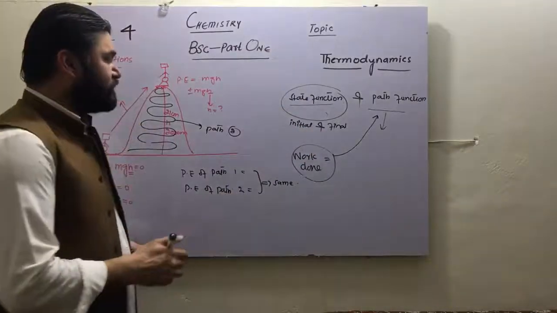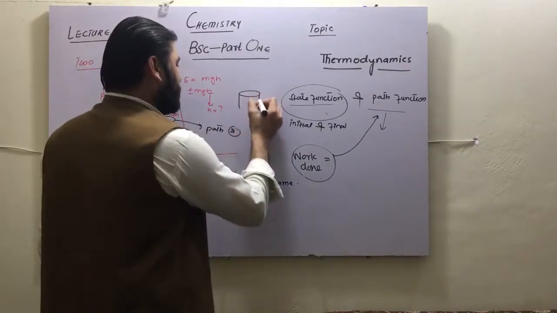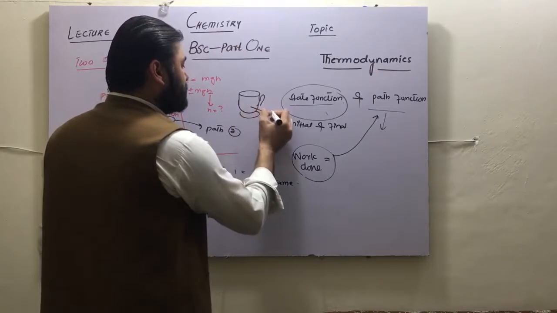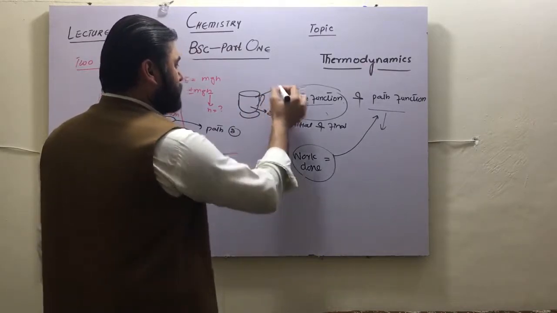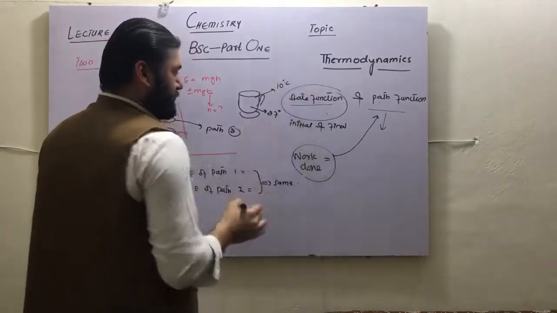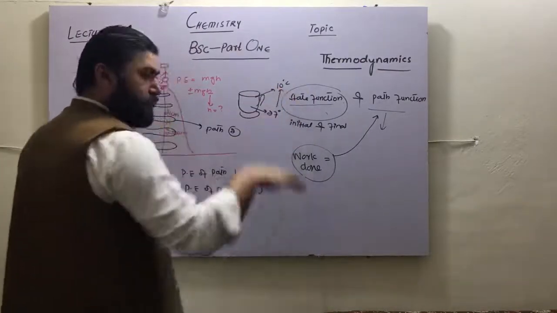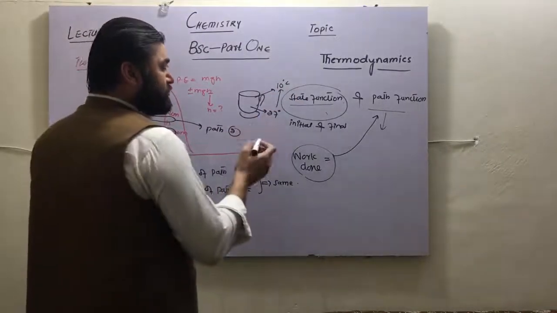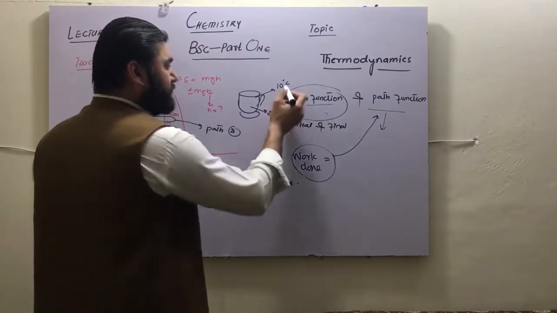For example, suppose this is a cup of tea. Again I am making this cup of tea. Suppose the initial temperature is 27 and after some time the final temperature is 10 centigrade. So it decreases, the temperature is going down. If somebody asks you what the state function is, you can say the initial temperature is 27 centigrade and the final temperature is 10.